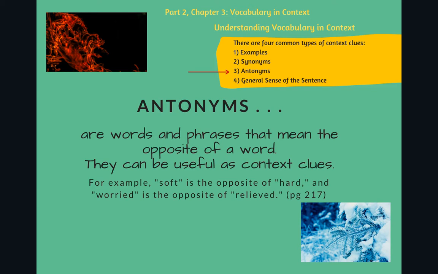So last week we looked at examples and synonyms. At least we did that for the Wednesday class. The Friday class might be doing both of these in the same week. So anyway, previous to this presentation, we looked at examples and synonyms. Now we're going to look at antonyms and the general sense of the sentence.